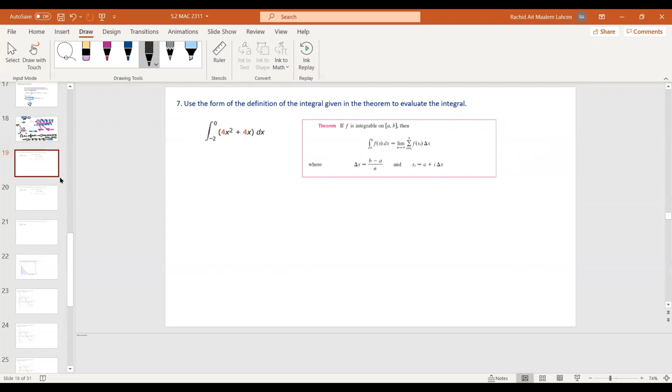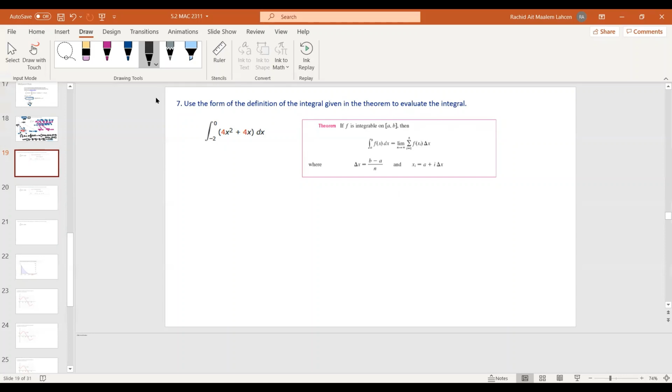But let's break it down. So here the example says, use the form of this definition of the integral given in the theorem to evaluate this integral, from -2 to 0. So it's a definite integral, and the theorem we talk about is the one here with a and b, and it turns to a limit, and this Riemann sum with delta x being b minus a over n and xi being this part.